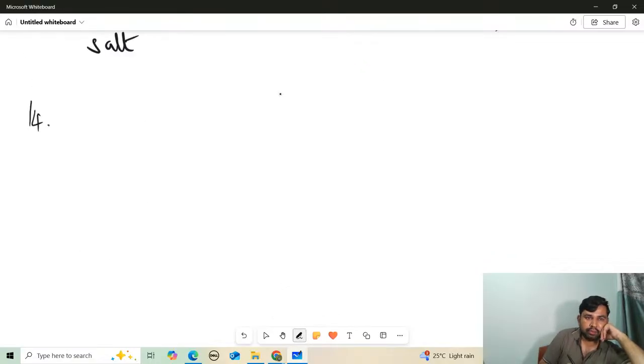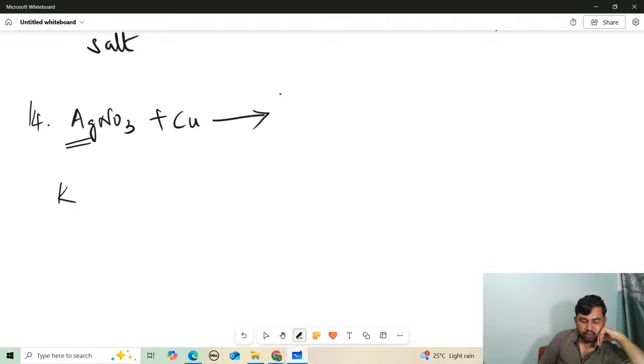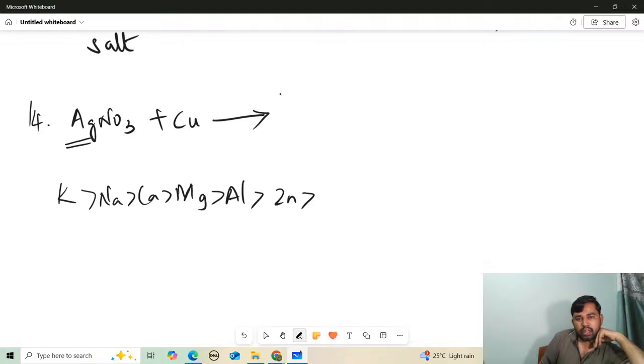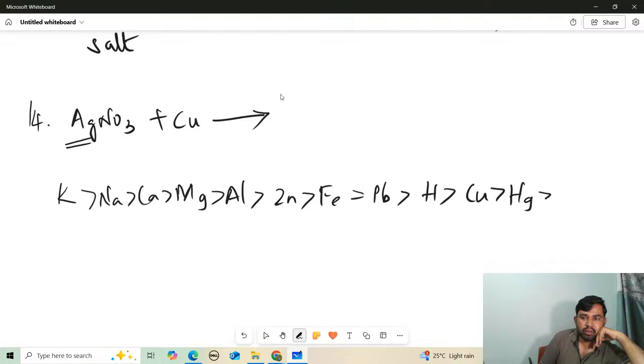They are saying that AgNO3 is there, and from AgNO3 we want to take the Ag out. They are using copper because, in the reactivity series, we know potassium is more reactive than sodium, then calcium, magnesium, aluminium, zinc, iron, lead, then hydrogen, copper, mercury, silver, and then gold. This is what is given in the NCERT. You see here, copper and silver.